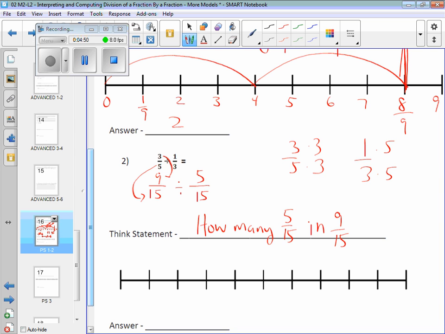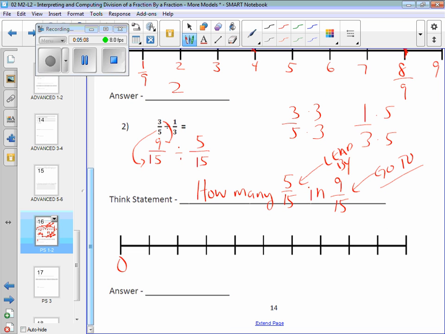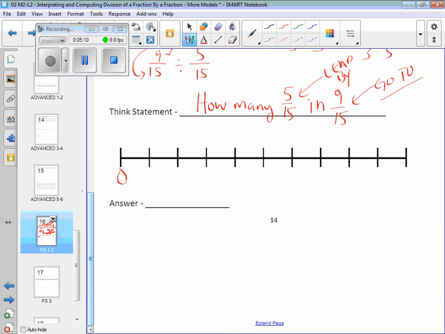Krista. What do I have to leap by? Now I go to my number line and I start my numbering process. What's my first line as a fraction?